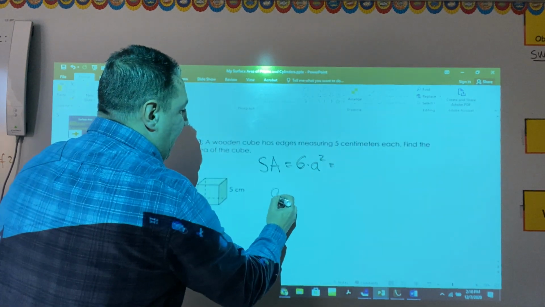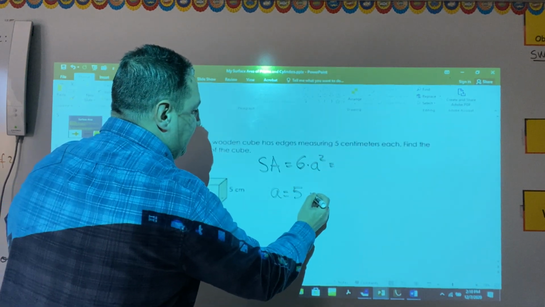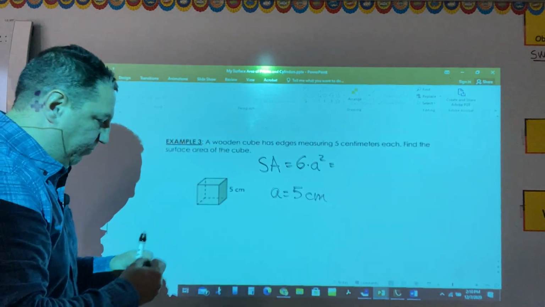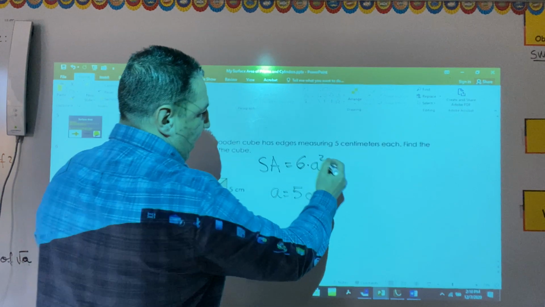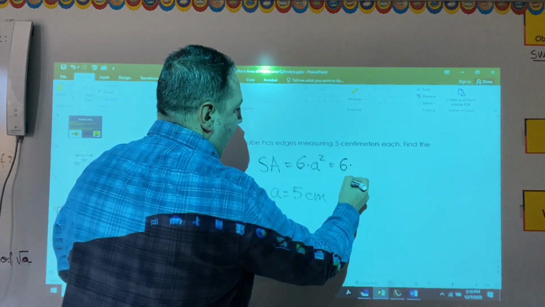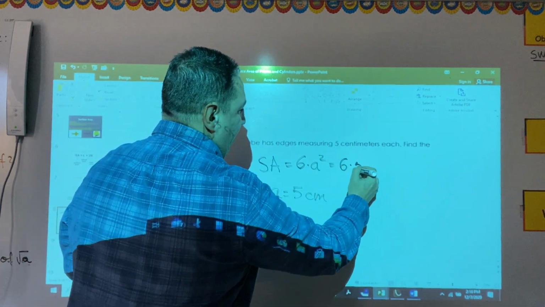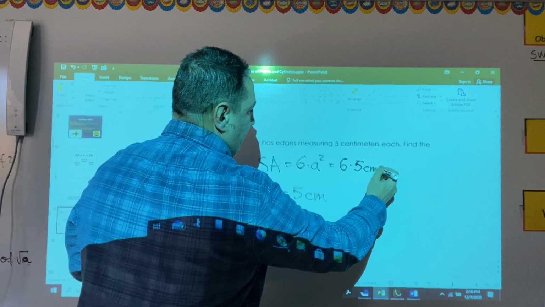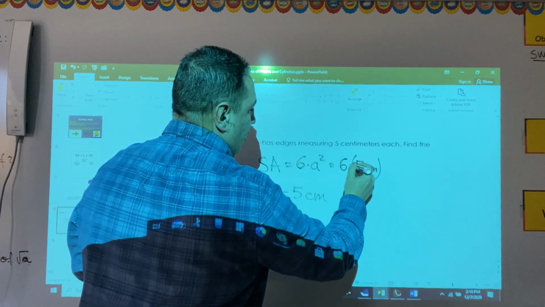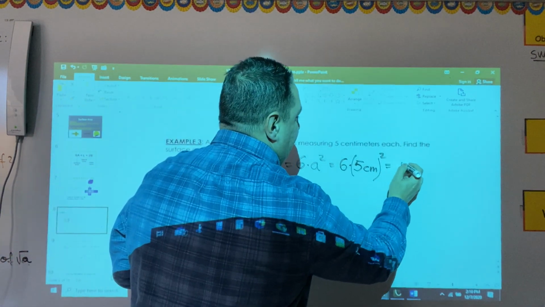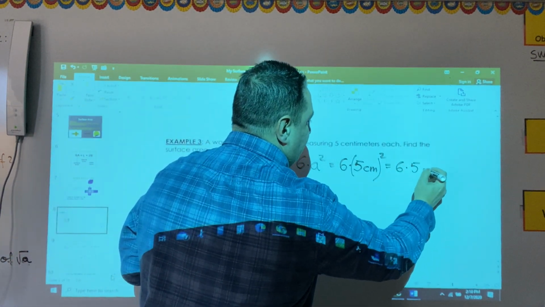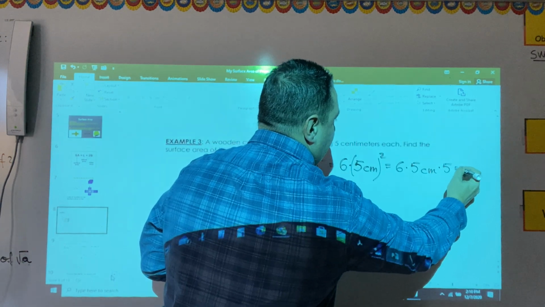In our case, a equals 5 centimeters. So we plug in here, and you're going to have 6 times 5 centimeters squared, which is the same as 6 times 5 centimeters times 5 centimeters.